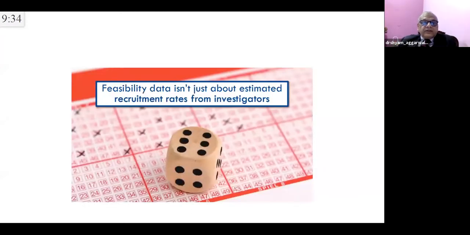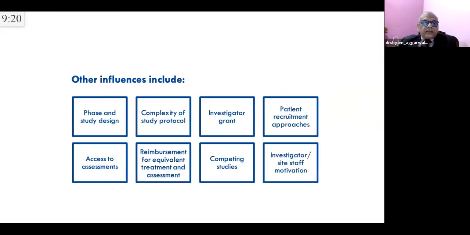So coming to the main thing, which is the feasibility data, this isn't just about estimated recruitment rates from investigators, because there are several other issues and other things, which is what we will be discussing. Next, please. So I think before we participate in any study, we need to understand the phase of the study and the study design, whether it is phase 1, 2, 3, or a phase 4 study.